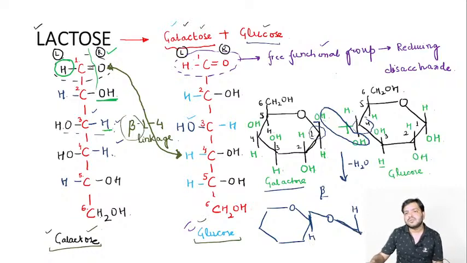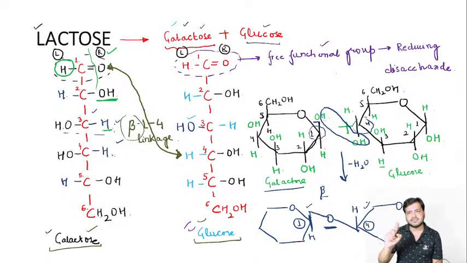Yes, you can just draw it like this. So this is the first carbon and this is the fourth carbon, and you can see a glycosidic bond between the first and the fourth carbon, that is via oxygen.